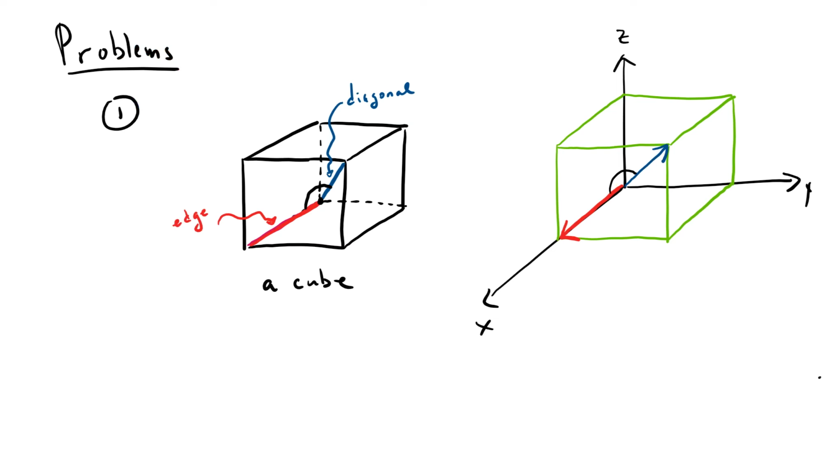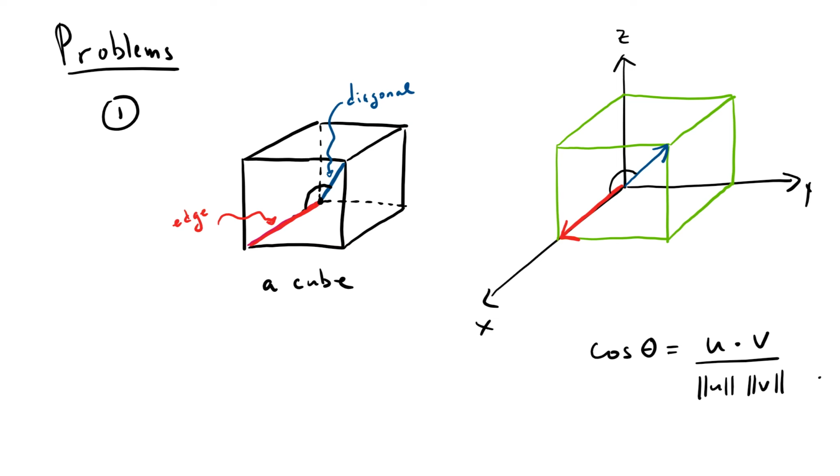So we need to associate coordinates to these vectors, because what I want to use is the dot product, more precisely the fact that the cosine is the dot product between the two vectors divided by the product of their norms.